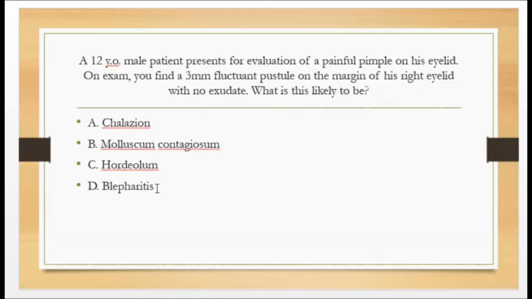So that is how to differentiate it. If they say that this patient has a painless one, then that is chalazion. But the fact that it's painful, that is hordeolum. And I believe all of us got the answer. So I give you time to think, you put the answer, and I know for sure that the answer is correct.